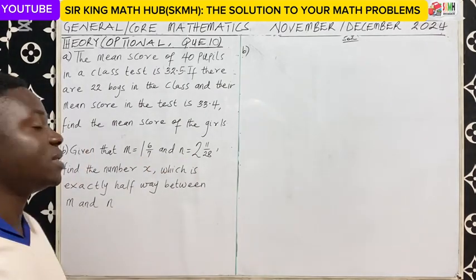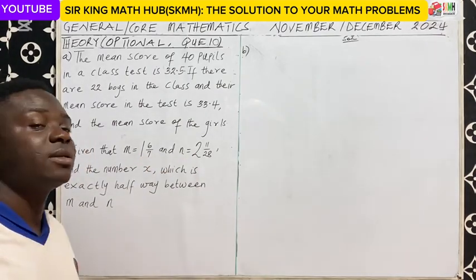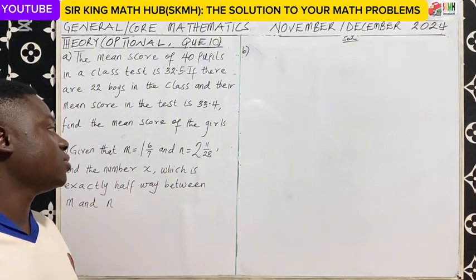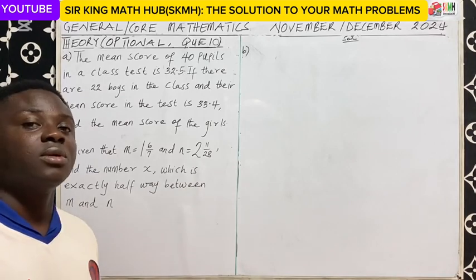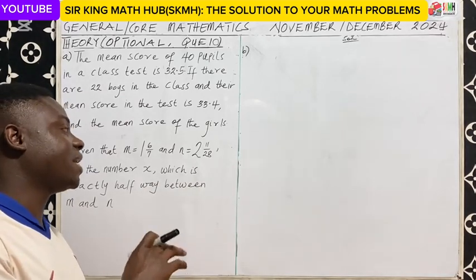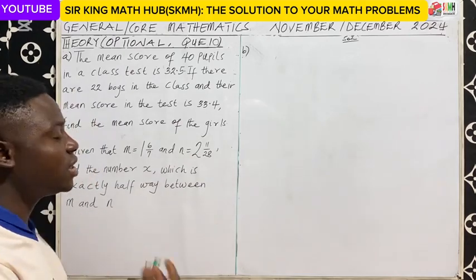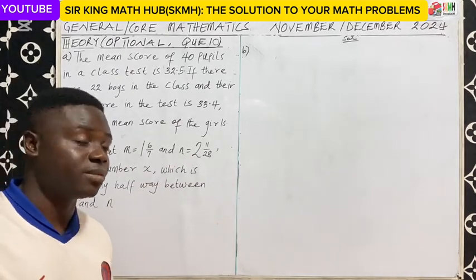And that number is no other number than the middle number. So we are to look for a number that is located at the middle of these two given numbers. So how then do we locate this middle number?